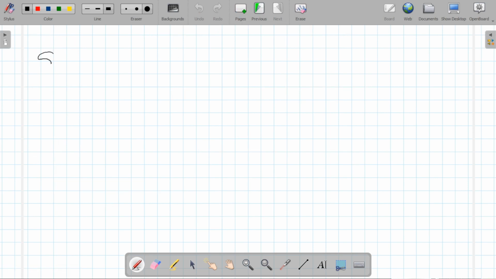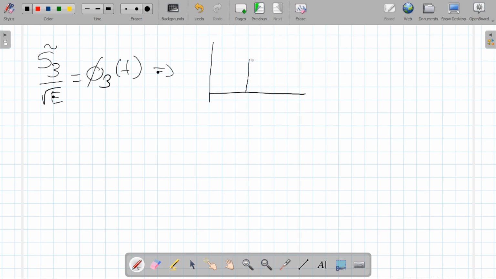So finally, S3 tilde divided by root of energy gives phi 3 of t, which ranges from 2 to 3 on the time axis with amplitude 1. So finally we get phi 3 of t.